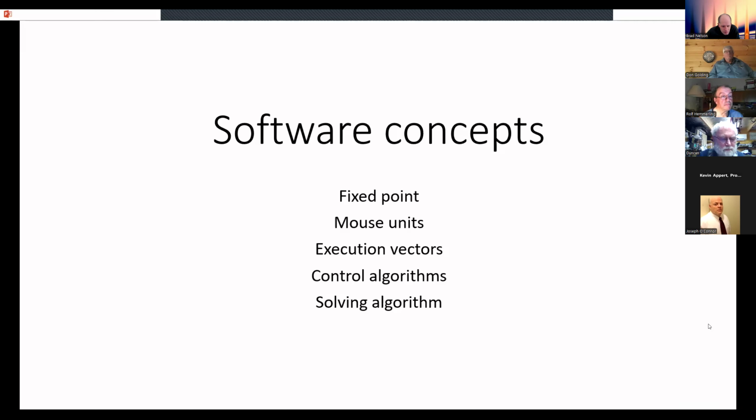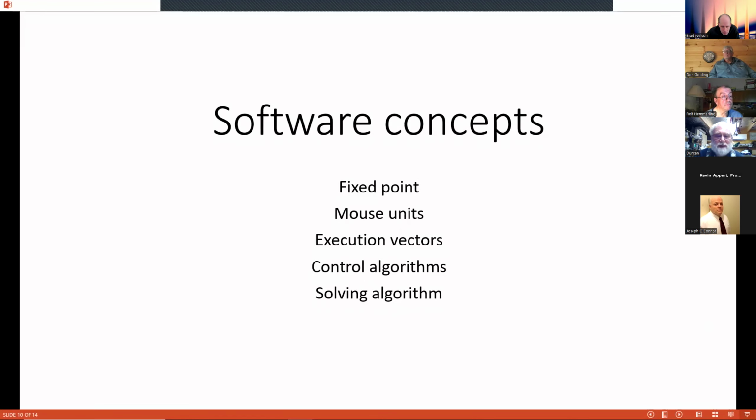Okay, I'll carry on. I use mouse units for my calculations. So I use odometry counts instead of millimeters. I use counts per second instead of meters per second. I use sensor readings, sometimes linearized, instead of millimeters again. I have words to convert these mouse units into real units for when I want to interact with the mouse.